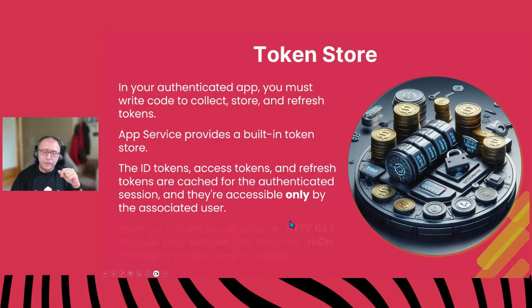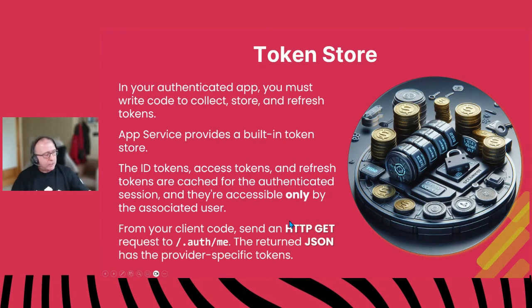How can you read it? You can read all the information by simply making a request to this endpoint. So if you are on your site, /.auth/me allows you to retrieve the information about the token.